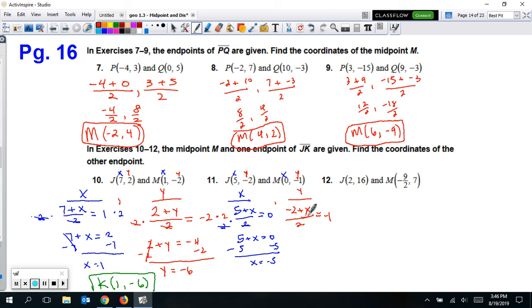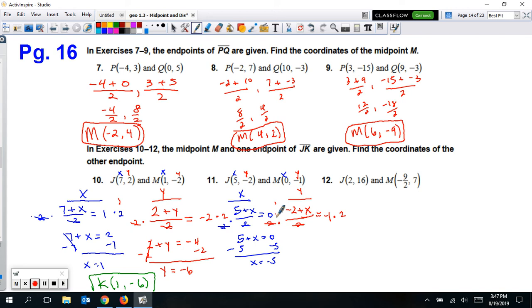So we have to build this equation. Multiply by 2 to get rid of the fraction. Those 2's cancel. Multiply this side also by 2. Now notice up here, I should mention I multiplied this side by 2 and I didn't multiply the other side by 2.